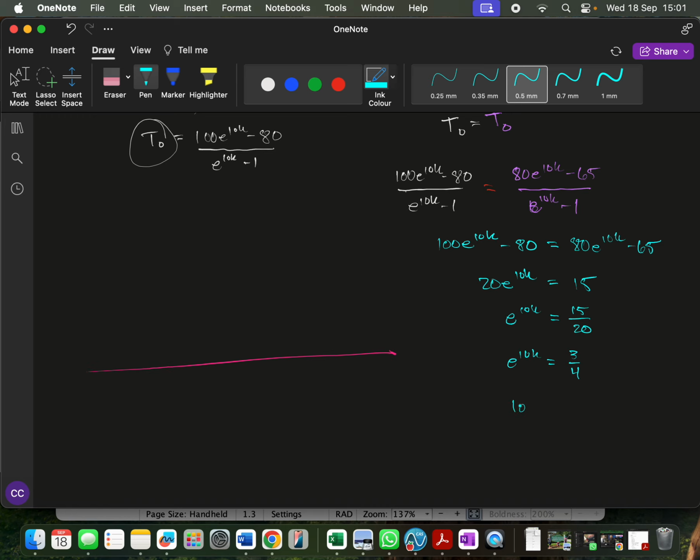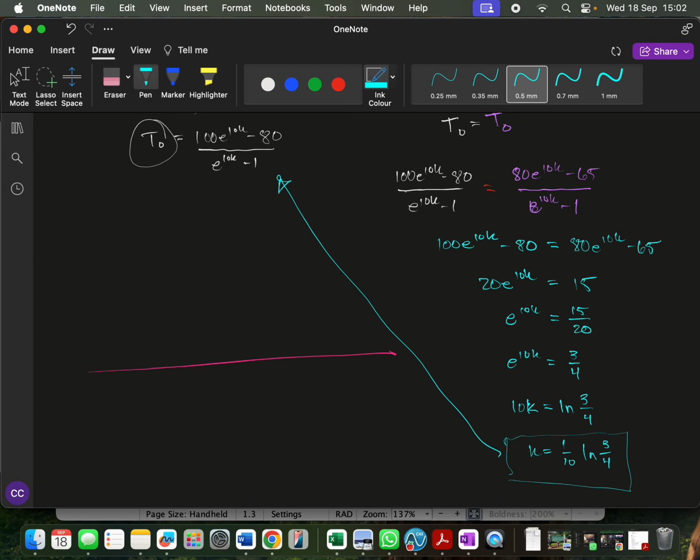So 10K is the same as the ln of 3/4. So K is equal to 1/10 ln of 3/4. Goodness gracious, this is painful. All right, so now all I have to do is take this and substitute it back in to there, and I should be able to find out what my initial temperature is.